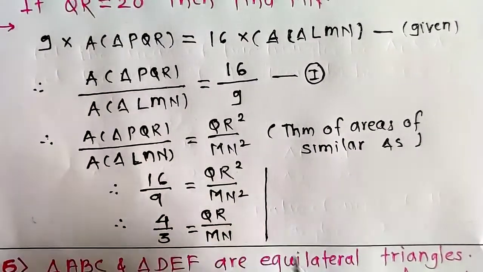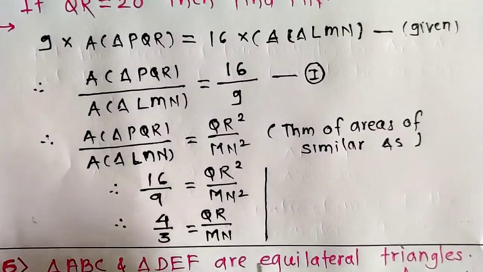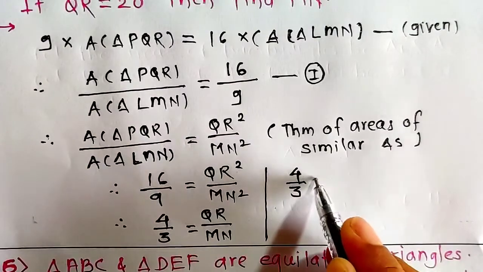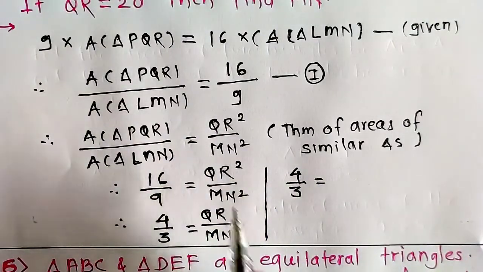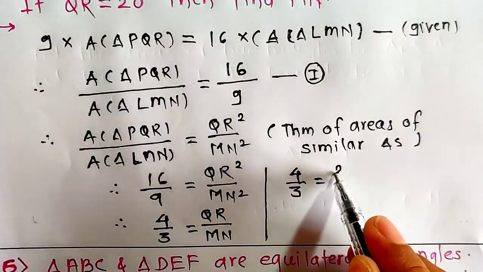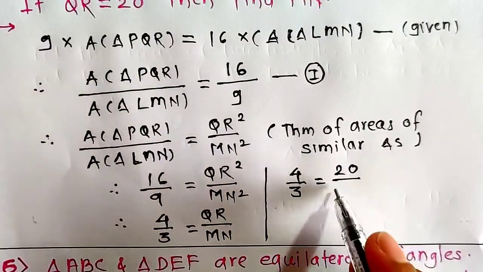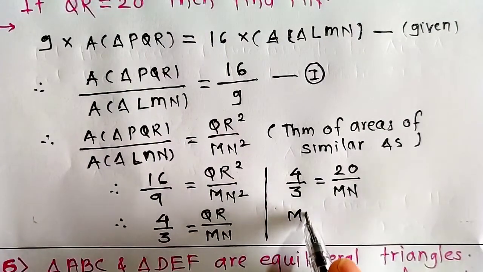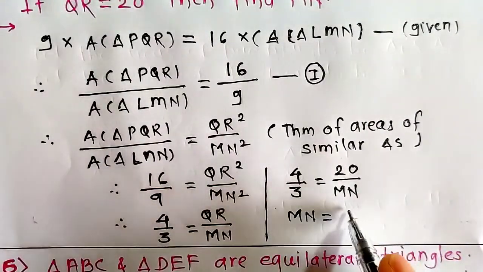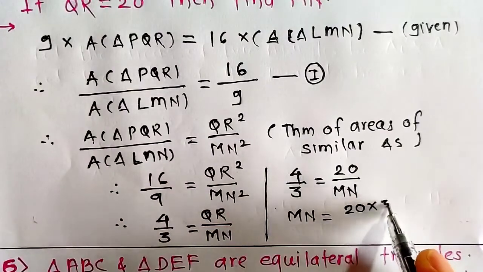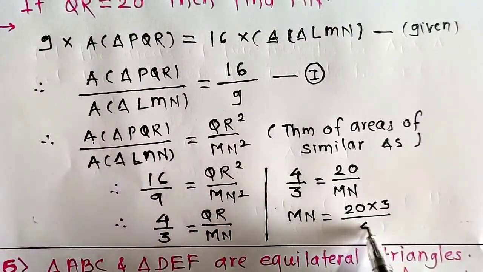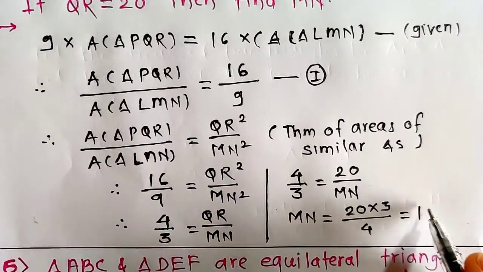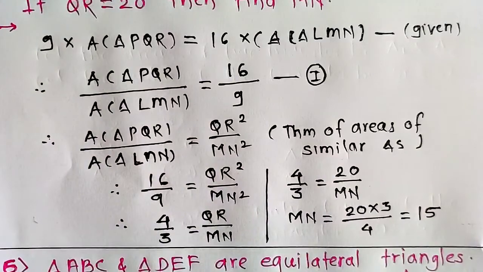Now substitute the value of QR. So 4 by 3 as it is, equal to QR is given 20, divided by MN. Now by cross multiplication we get MN is equal to this 20 into 3 divided by this 4. So we get 4 5s are 20 and 5 3s are 15. So MN is equal to 15.